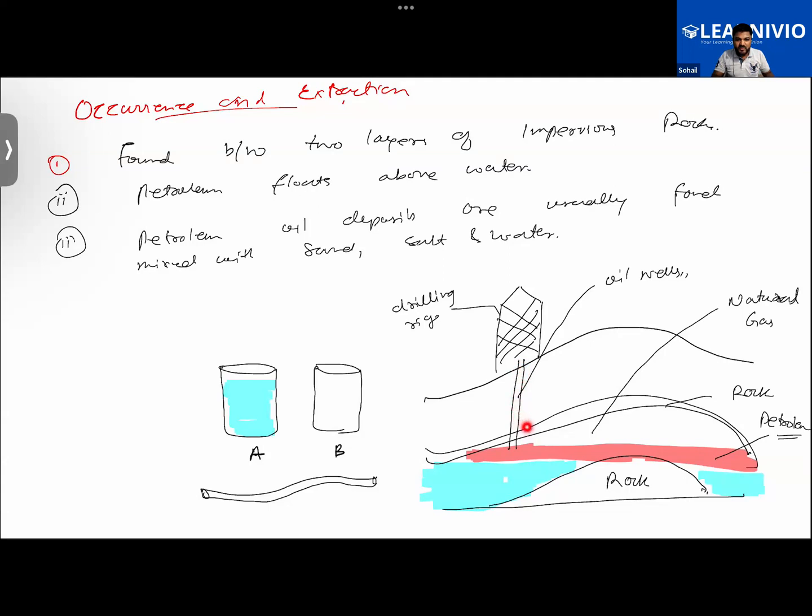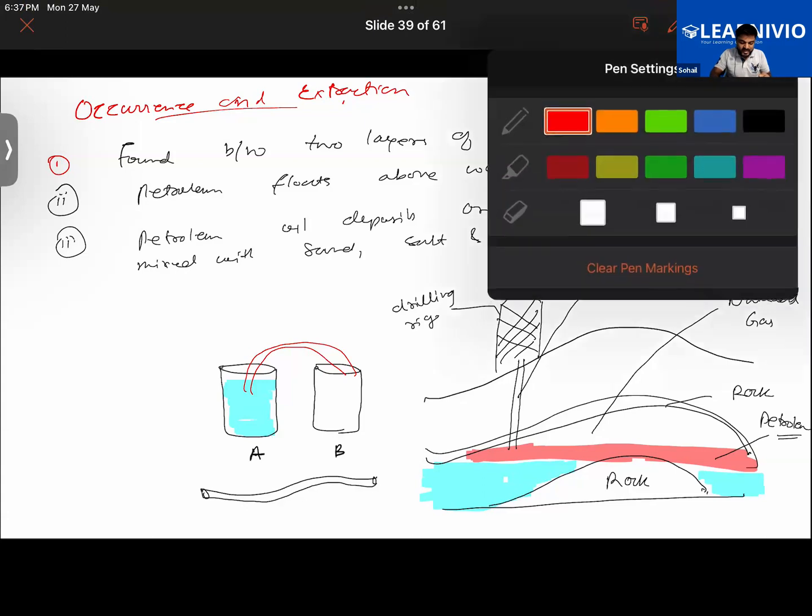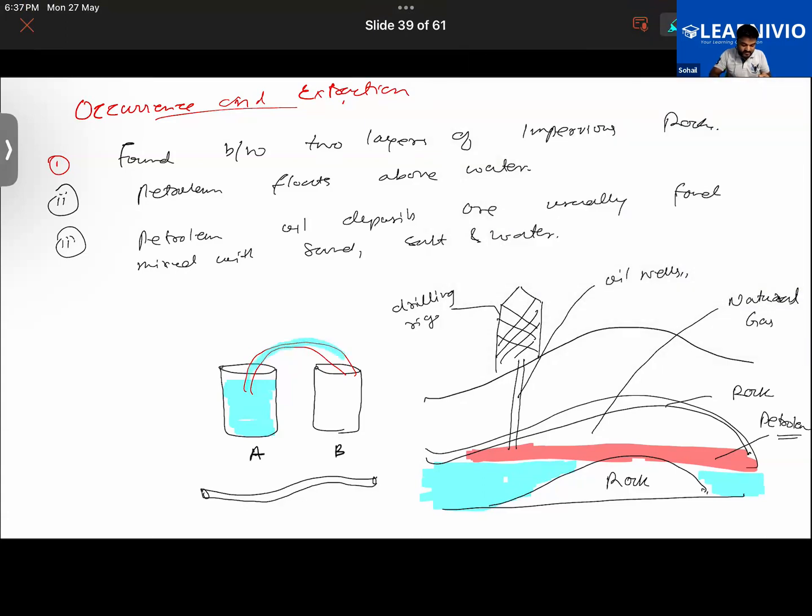That pressure with which this gas comes out creates a suction pull. Just like using this pipe, you suck the air from it. As the air from the pipe empties, water will start to flow. So that is the concept behind the working of oil rigs.